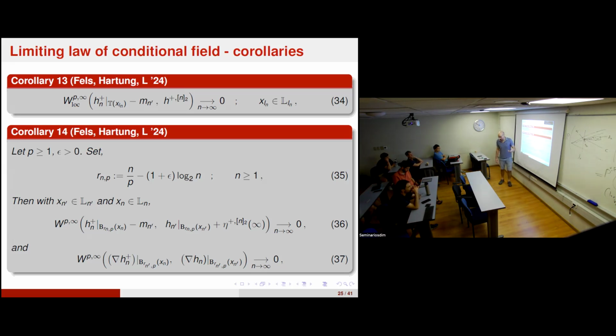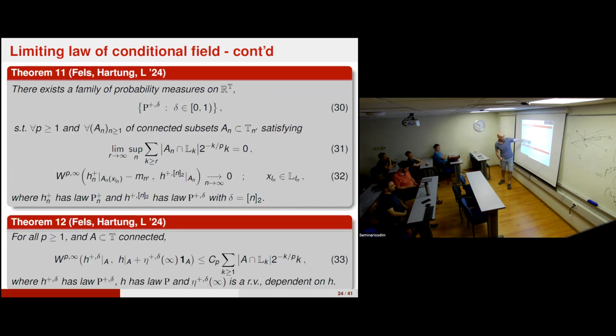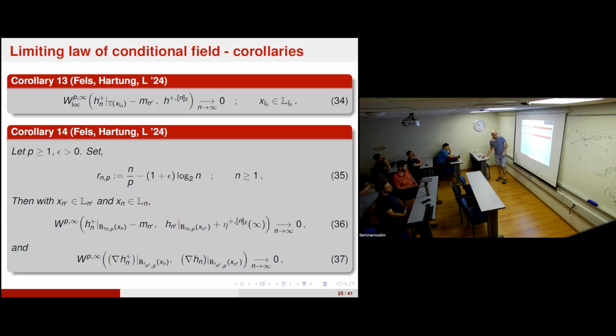So this in particular means that this convergence happens in a local sense. There is a limiting measure in the sense of finite dimensional distributions, and this is this limiting measure P plus delta. So there is a limiting law.